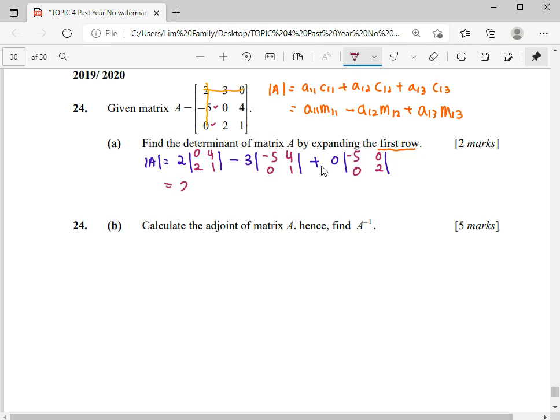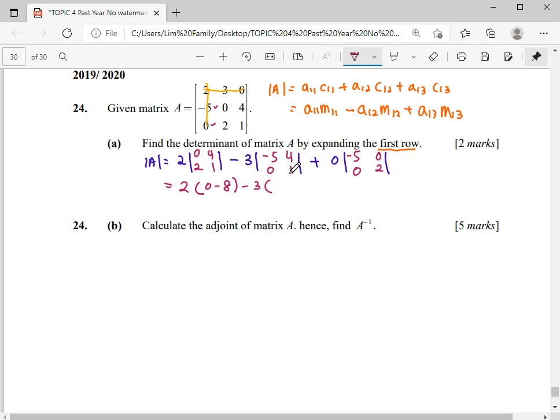For the second step, we find this 2 by 2 determinant, where we multiply AD minus BC. We put back brackets: AD is 0, minus BC is 8. That is the difference from the minor; a minor we write in modulus form.